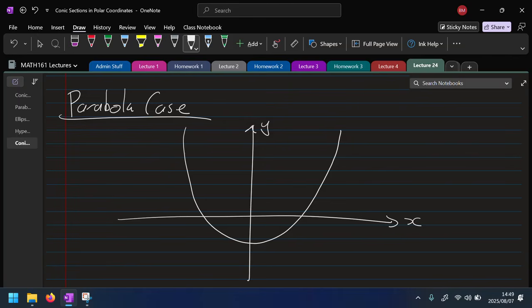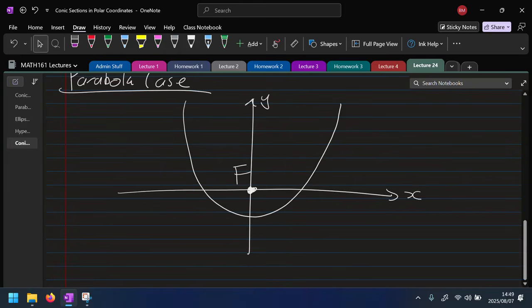We're going to shift it down a little bit, such that the focus is at the origin. In other words, we take our parabola and we shift it down by P. So here is our focal point at the origin. Then we've got the vertex somewhere underneath that, and then the directrix line under that. Again, it's exactly what we did on Tuesday. We shift it down by P.